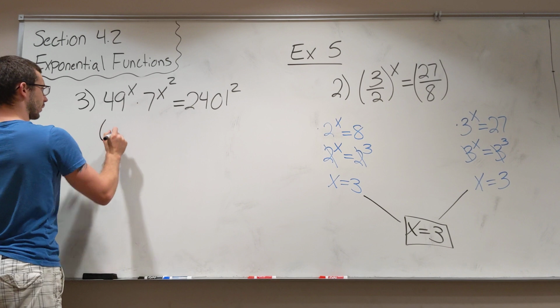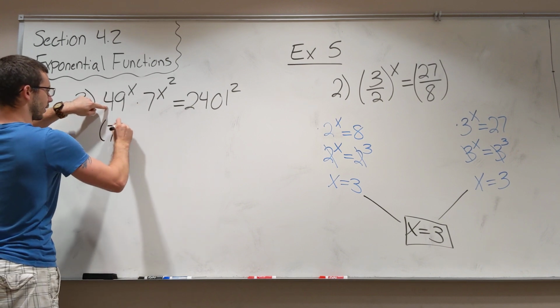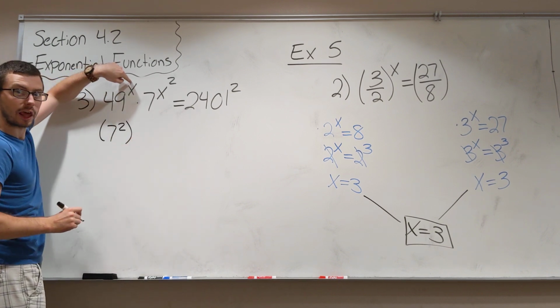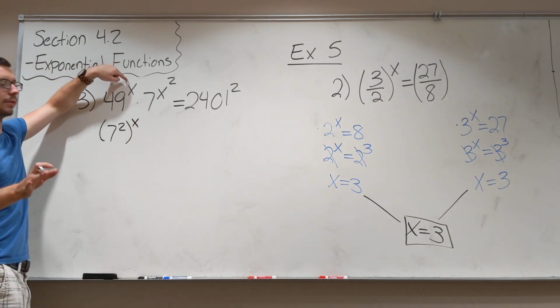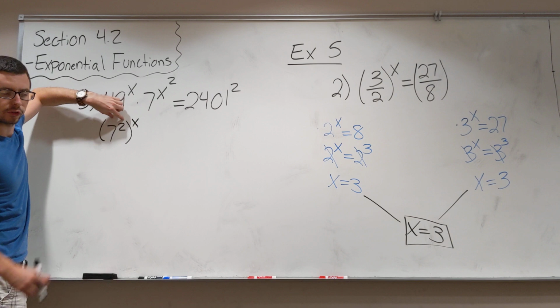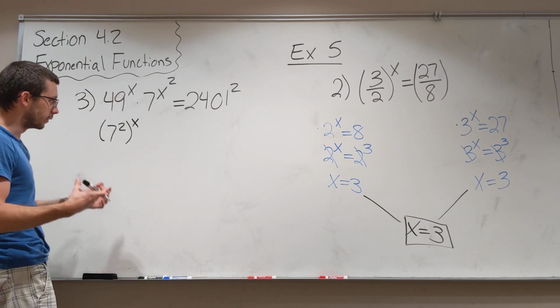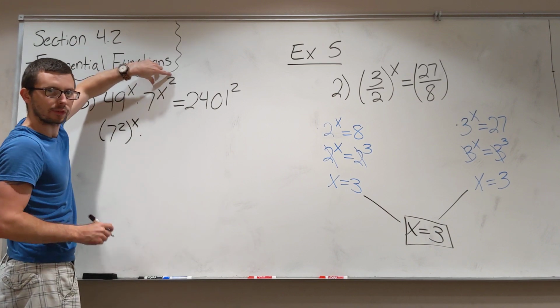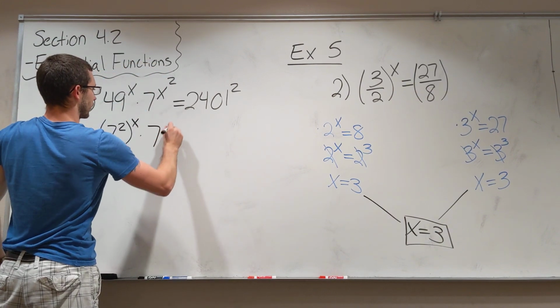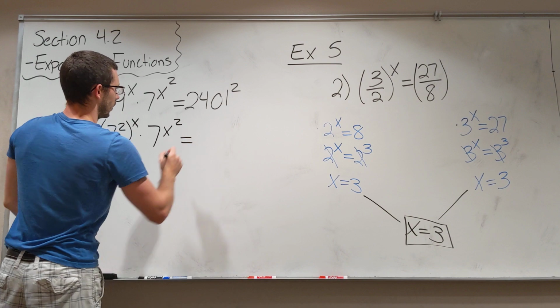So what I'm going to do is I'm replacing 49 with 7 squared, and there's still an x as an exponent. So I'm not going to just simply drop off the x. 49 is 7 squared, putting that in parentheses, and I'm bringing down the x. 7 seems to be, in simplest terms, it's already a base of 7.